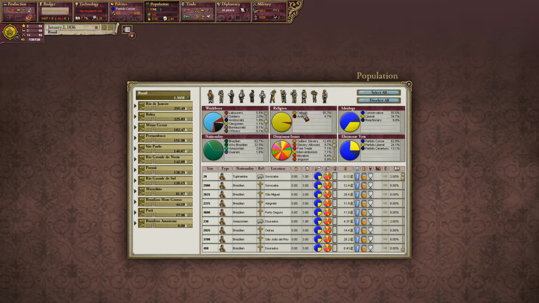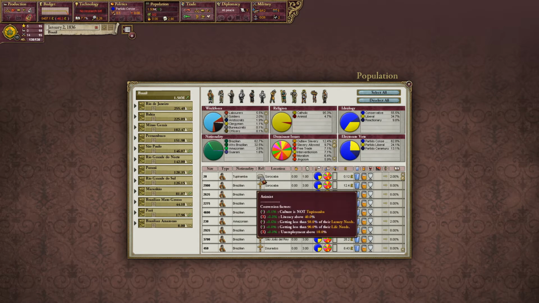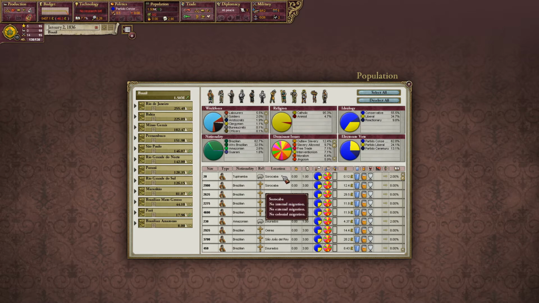Religion. So 95.3% of our population in Brazil is Catholic. 4.7% are animist. Unlike in other Paradox games, you really cannot change people's religion. Yes, people who are animists and such may convert, but the truth is they're really not going to. It's not something we're able to do.